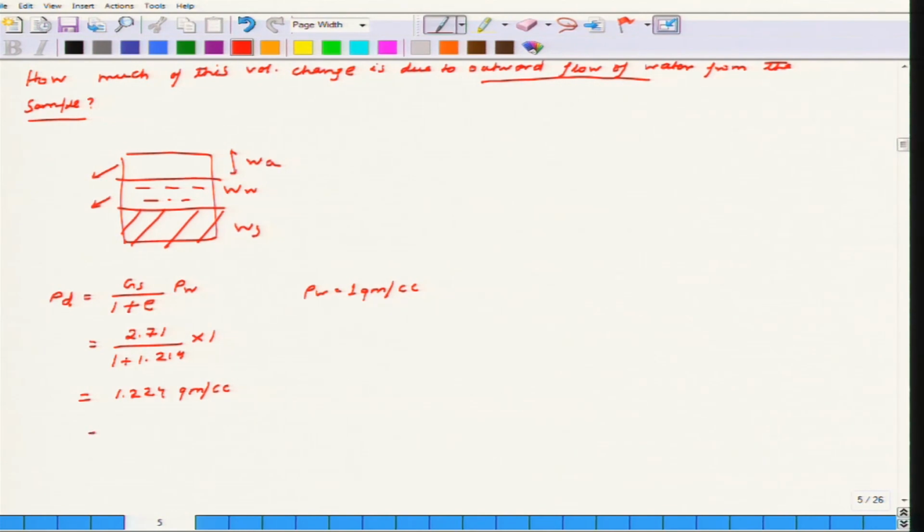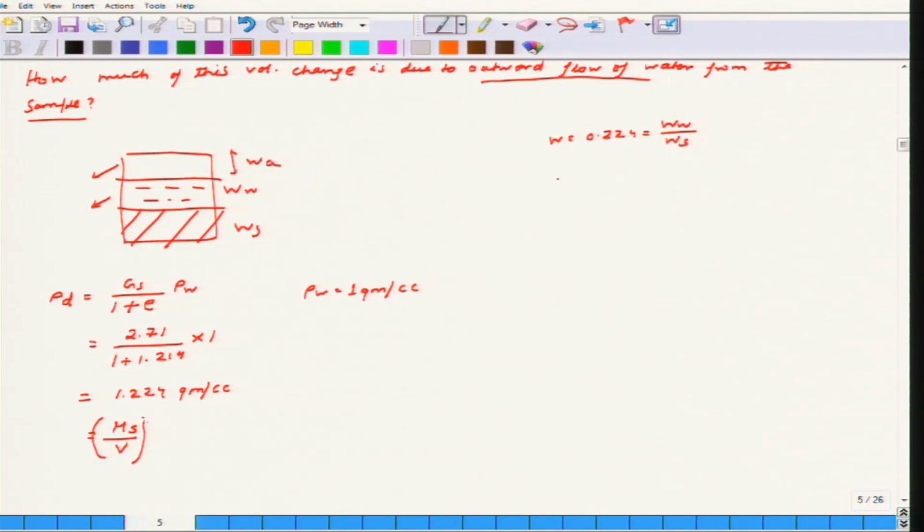Now the dry density of soil can be written as the mass of the soil solids divided by the total volume, because the total volume of the soil is taken into consideration in this case. We have an added advantage here, because we know the mass of the soil solids. How do we find the mass of the soil solids? We know the water content was initially 0.224, which is the weight of water by weight of solids.